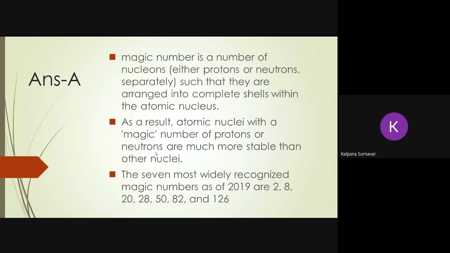Here, I have written answer A. You can cross check. The magic number is a number of nucleons, either protons or neutrons, separately, such that they are arranged into complete shells within the atomic nucleus. As a result, atomic nuclei with a magic number of protons or neutrons are much more stable than other nuclei. Simply, a nucleus whose nucleon number is equal to a magic number is more stable than other nuclei.